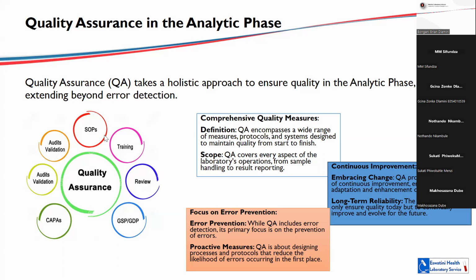Then we have good storage practice, the GSP, and good distribution practice, the GDP, of our reagents. We have audit validations, which could be internal and external. And we have our corrective actions and preventative actions. And in the future, we'll be having risk assessment and areas of improvement.